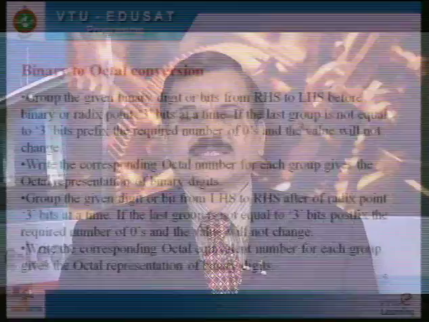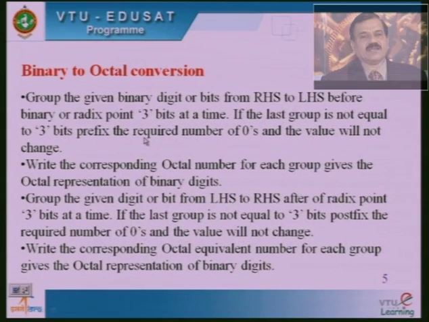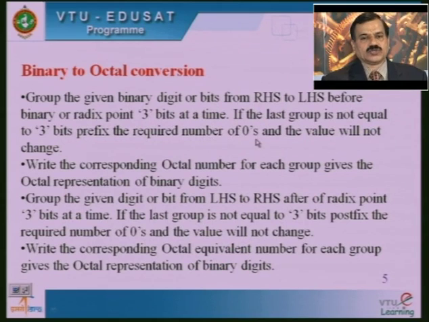If the last group does not have 3 bits, prefix the required number of zeros. After adding zeros at the extreme MSB, the value is not altered. Write the corresponding octal number for each group, which gives the octal representation of the binary digits.